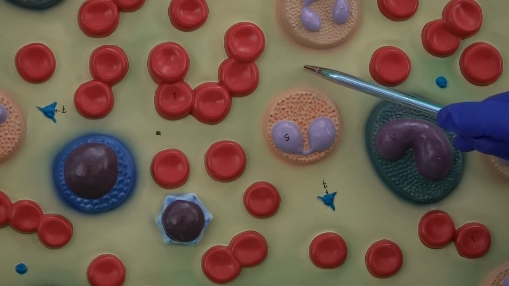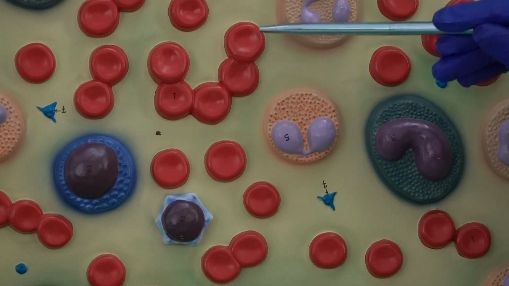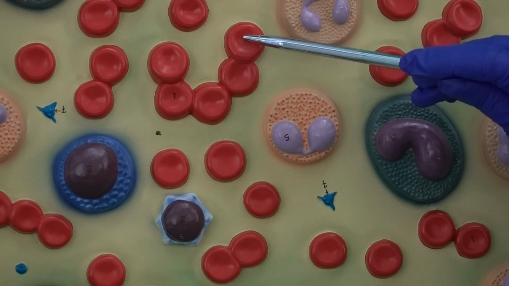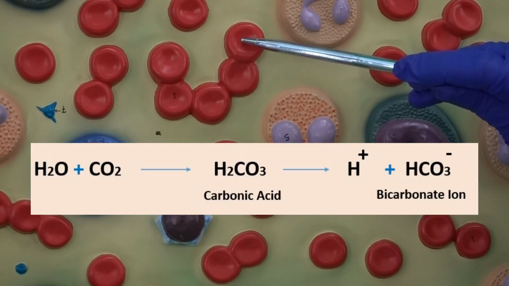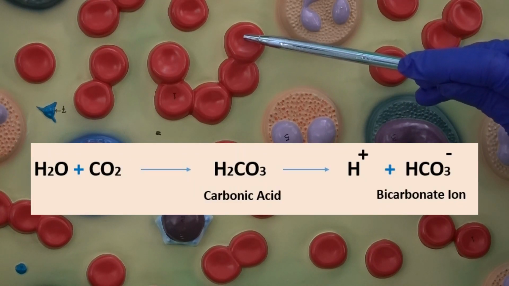Recall, 7% stays in plasma as gas, 93% goes inside the red blood cell. Out of the 93%, 23% binds to hemoglobin molecules, and 70% reacts with water inside the red blood cell.